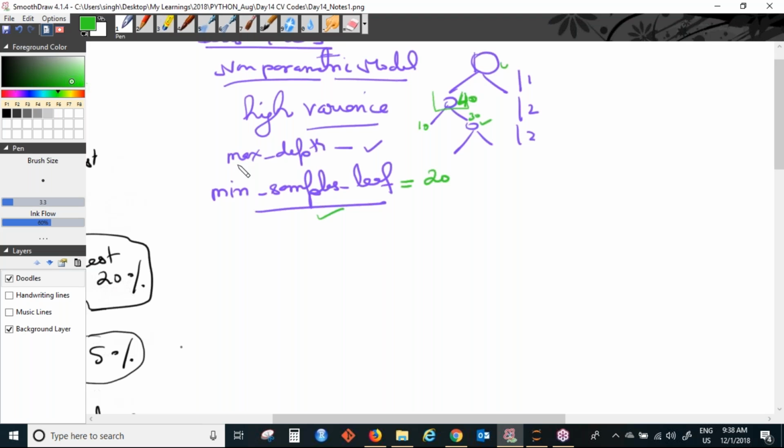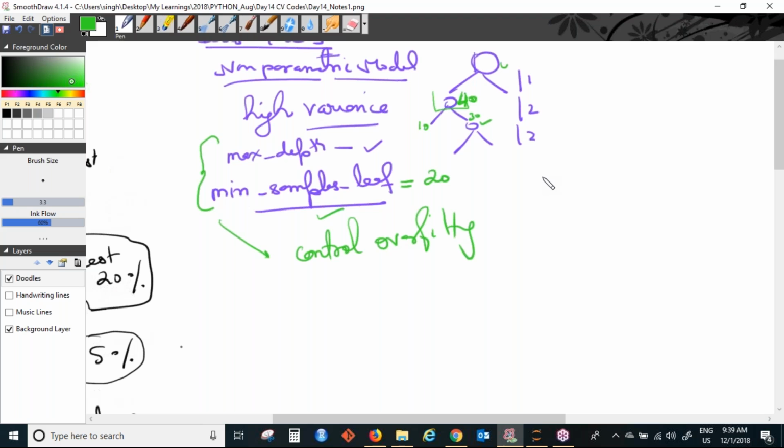In other words, both these parameters are used to control overfitting, because the more splits you make, the more overfitting can happen. As you go on splitting the data, chances are that you will go on overfitting the model. That is why we try to control or restrict the tree.